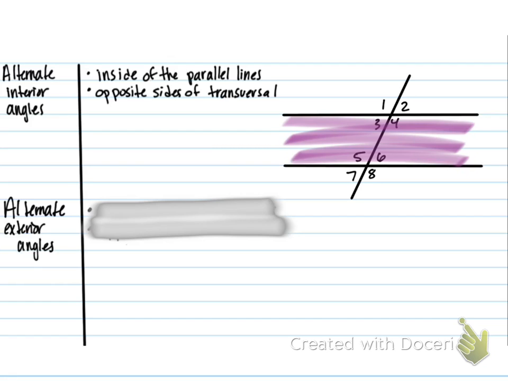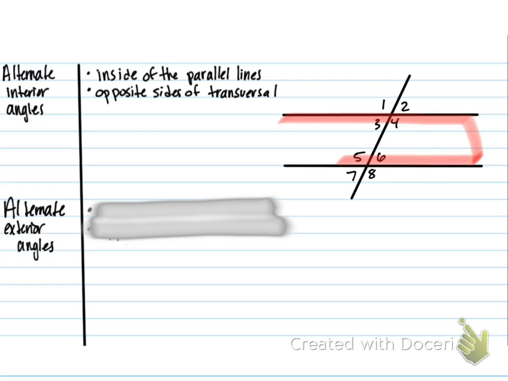And the two angles that have a relationship will be the ones that are on opposite sides of the transversal. Okay, so we're only looking at 3, 4, 5, and 6. And so for 6, its alternate interior angle is going to be on the other side at the bottom, number 3, because they're both inside of the parallel lines and they're on opposite sides of the transversal.